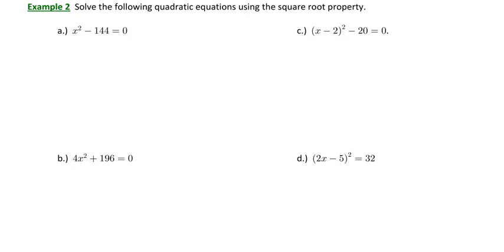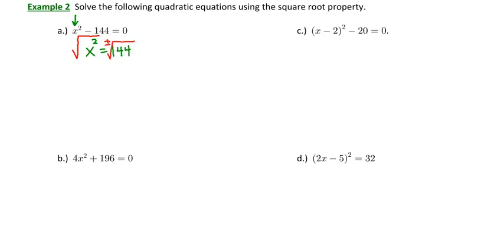You can be nimble. You can look at the format of the equation and choose your method appropriately. So to solve this with the square root method, I want to isolate the quadratic term. Remember, quadratic means squared term. So I'm going to add 144 to both sides. Now that the quadratic term is isolated, we can take the square root of both sides, remembering the plus or minus to generate the two answers.